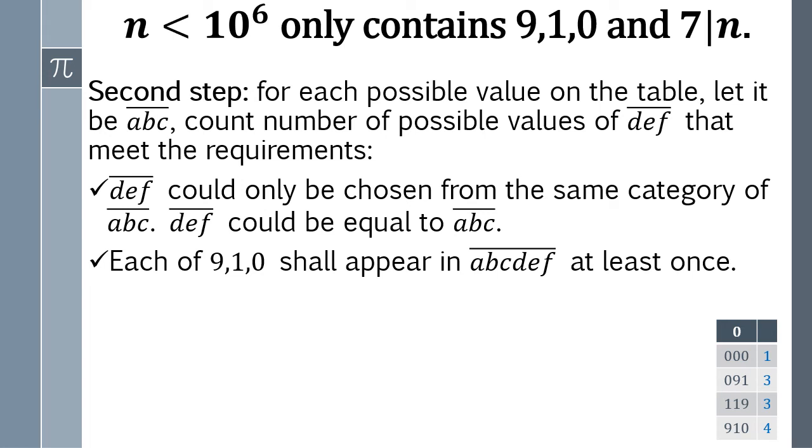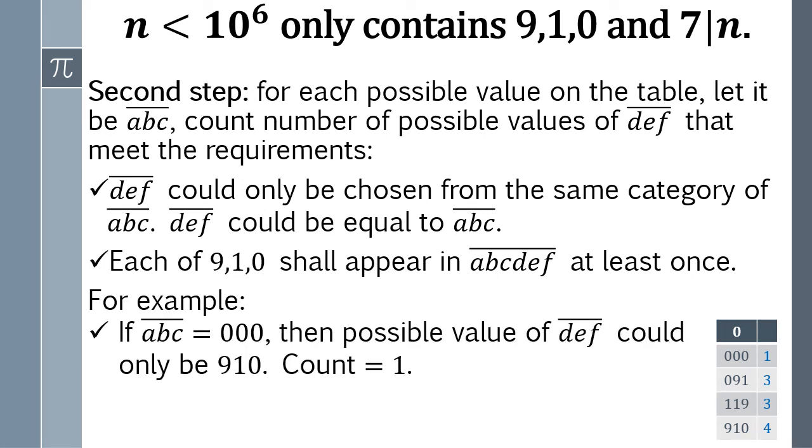For example, if abc is 000, then the possible value of def could only be 910. That means for 000, the count is 1.